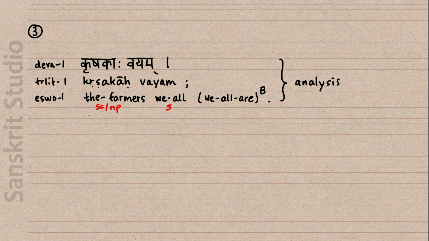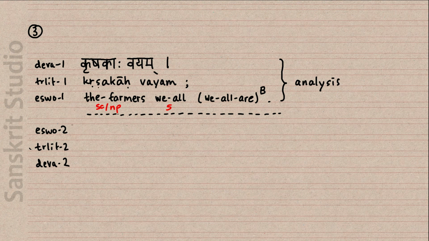And we do our divider. And with our SVO 2 line, translit 2 line, and Deva 2 line. So we know then that what we want is to create the verbal sentence, so we skip the parentheses and we make it real.